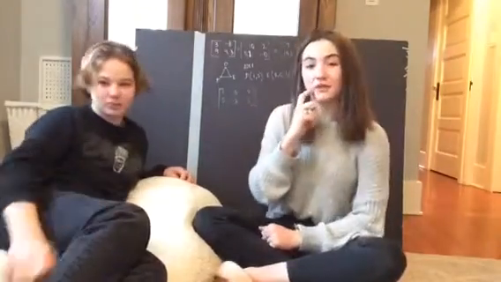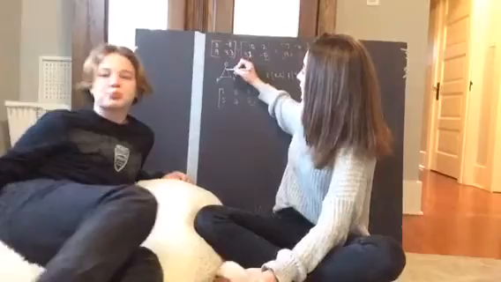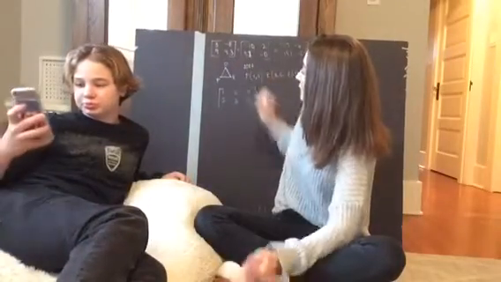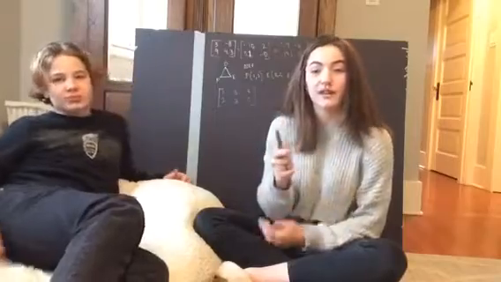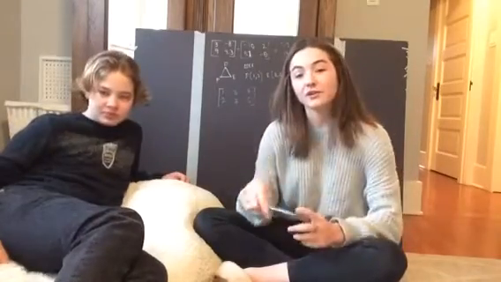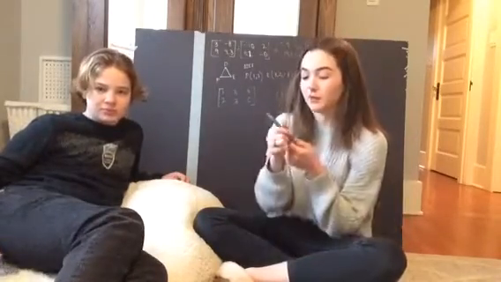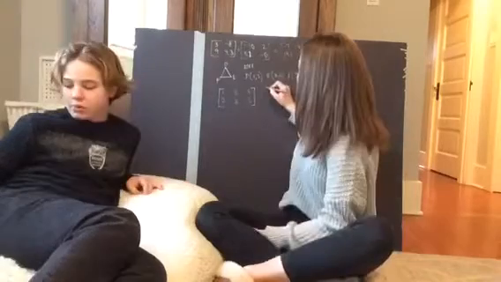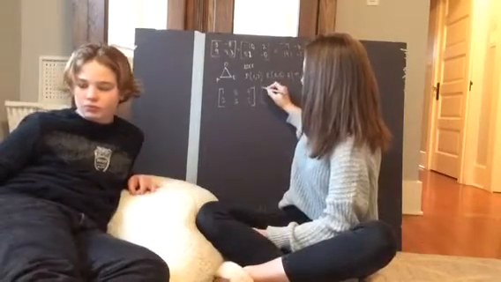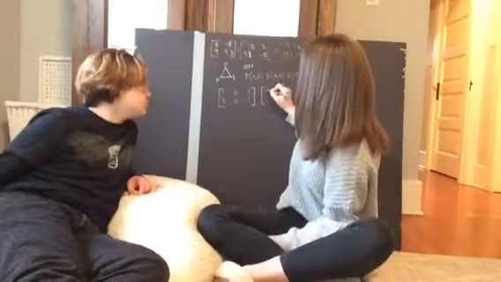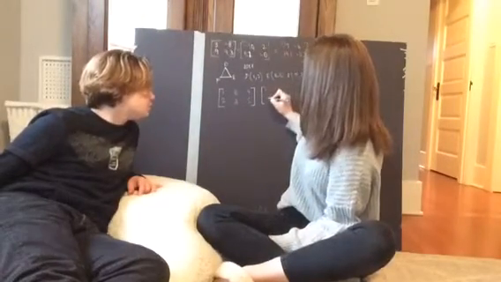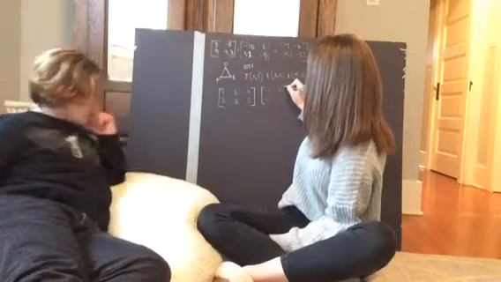Now, if we are trying to reflect this triangle, which we can assume is on a graph or on a plane, then we would multiply it by a scalar, or a real number, which can be represented in a matrix. It would be -1, 0, and 0, 1.